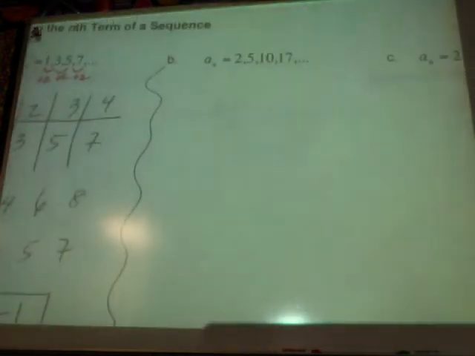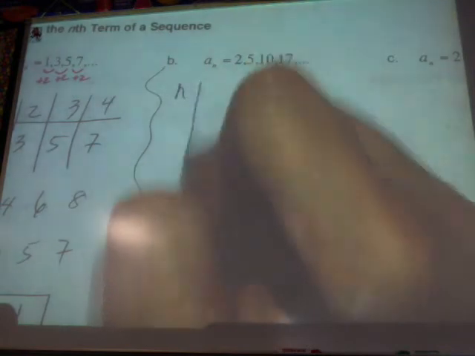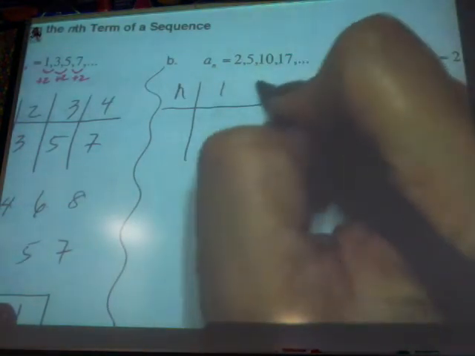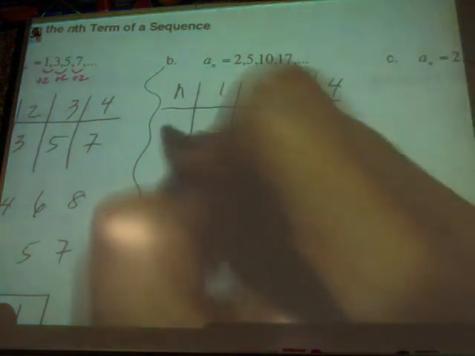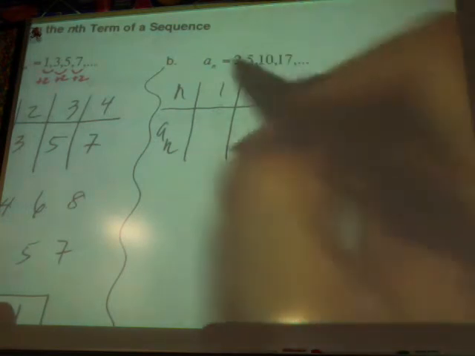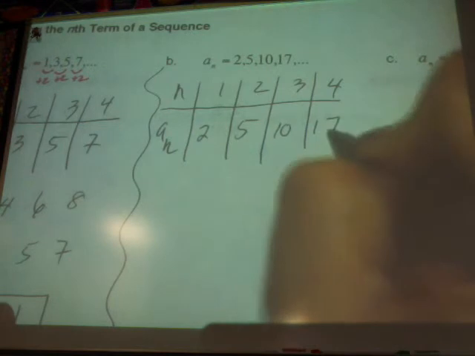Move that up a little bit. All right, so we have n. We've got 1, 2, 3, 4 terms. So 1, 2, 3, and 4. And then we have a sub n. We've got 2, 5, 10, and 17.